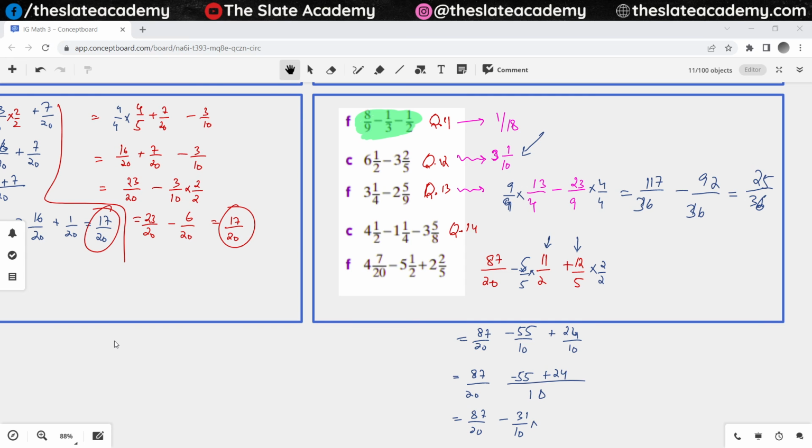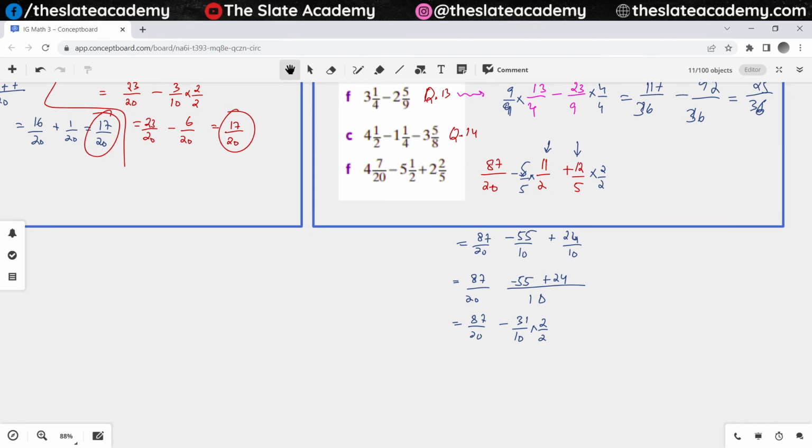Now I multiply and divide this with 2 so that the denominator becomes the same as the first one. So this would become 87 by 20 minus 62 by 20. So 87 minus 62 is how much?